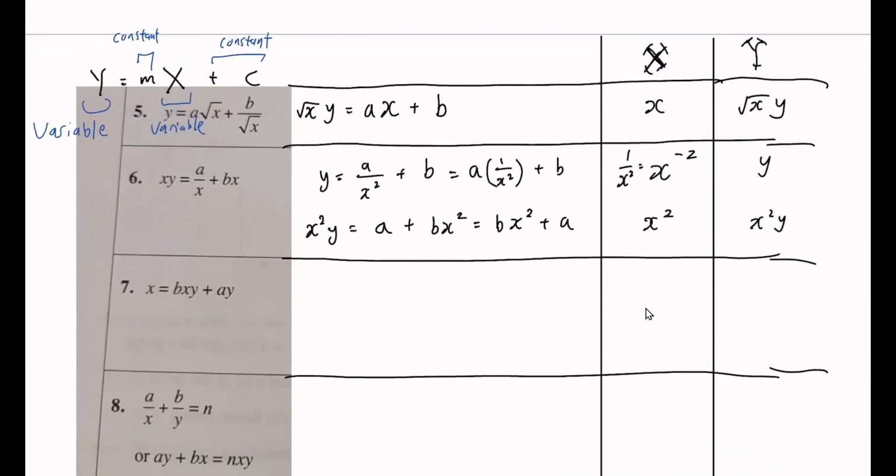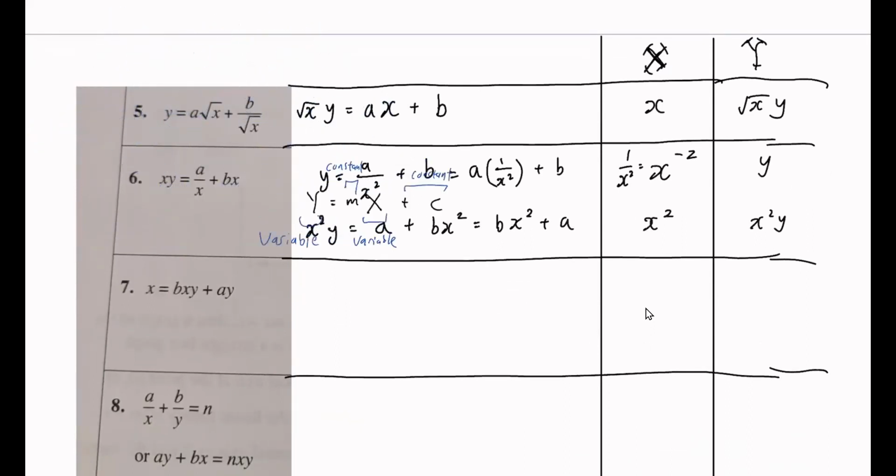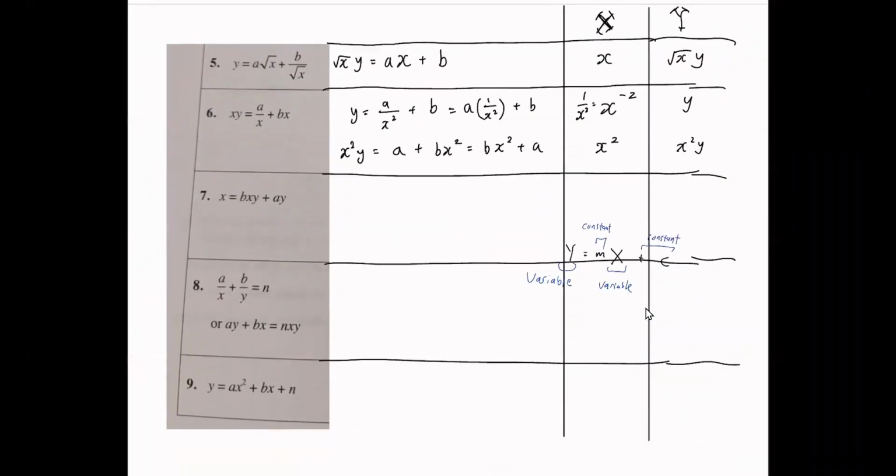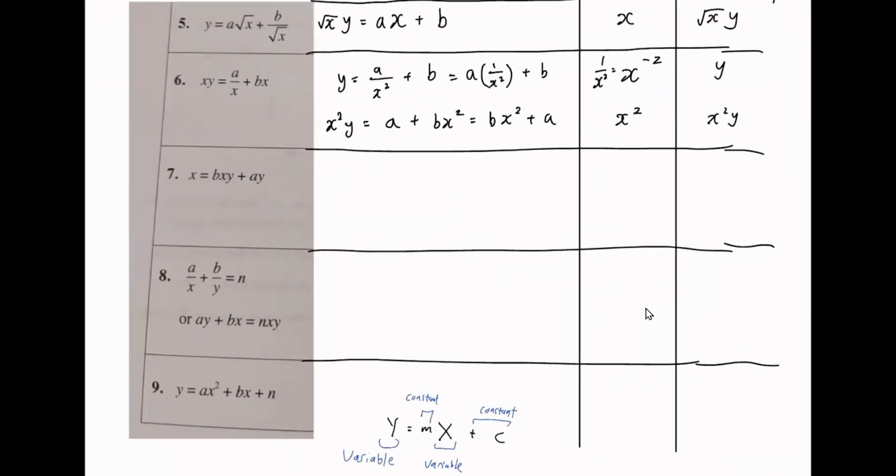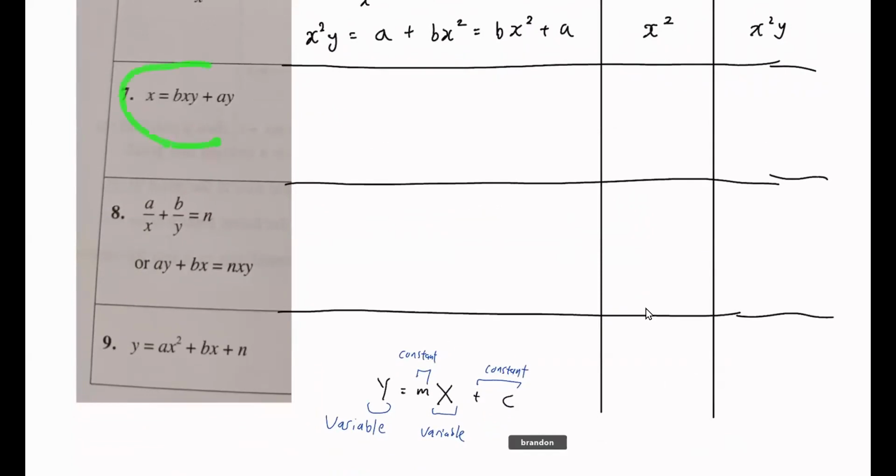Let me just, how do I keep this here? Maybe I'll put it at the bottom. Okay, let's take a look at this example 7 now. What should be my capital Y? What should be my small x? Capital X. Variable equals constant times variable plus constant.